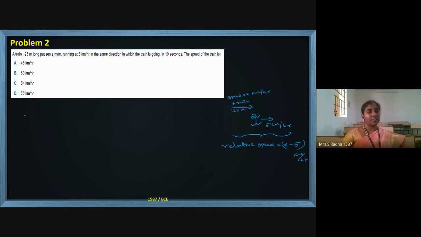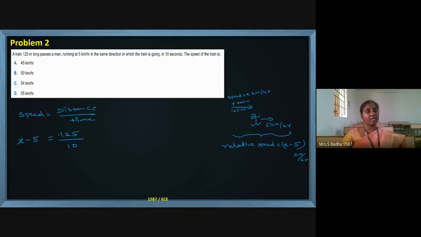Relative speed is nothing but distance by time. Distance we will take only as the length of the train, since the length of the man is negligible, and the time taken is 10 seconds. The relative speed, as both are moving in the same direction, is x minus 5.